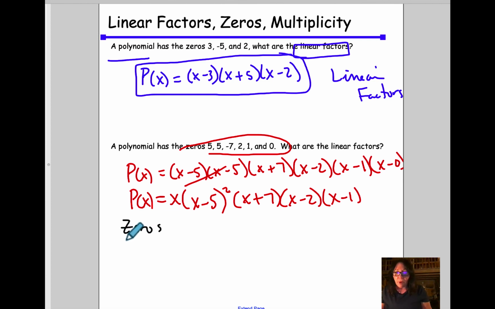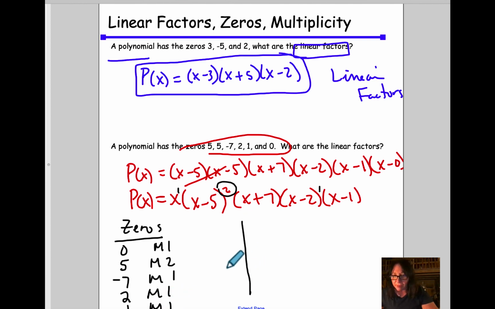So what are my zeros? My zeros are 0 and I have a multiplicity of 1. See that 1, 1, 0. I've got a 5 with a multiplicity of 2. That means I have 2 of those. I have negative 7 with a multiplicity of 1. I've got 2 with a multiplicity of 1. See, this is this one. And then I've got a 1 with a multiplicity of 1.